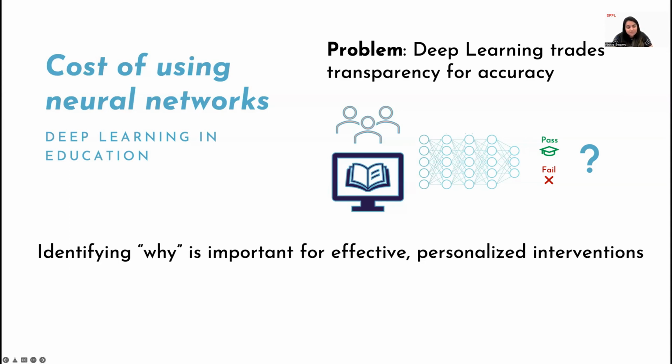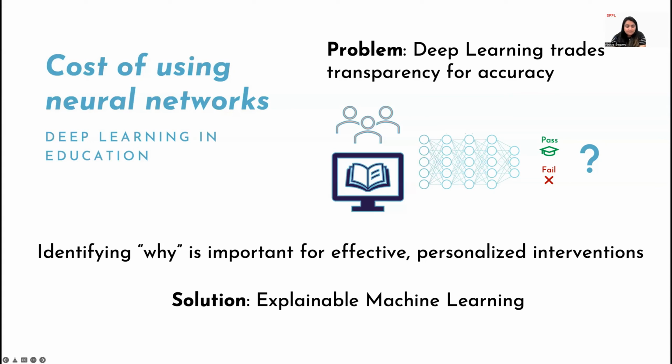Now, in our specific subfield, identifying why is actually very important. So we can address these learning outcomes and learning trajectories to take a failing student and put them back on the passing student trajectory. We need effective personalized interventions, which can really be done by answering that question, why did the model make that prediction? The solution to this is a new field in machine learning called explainable AI.